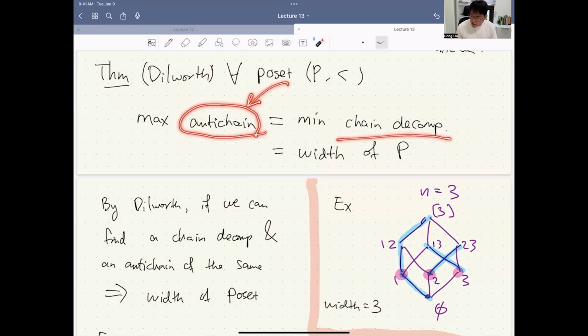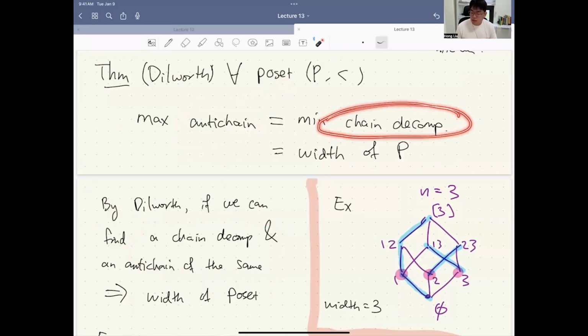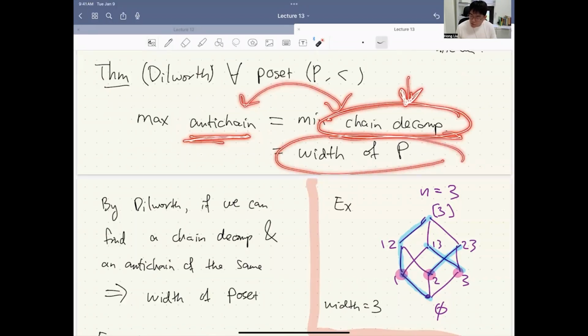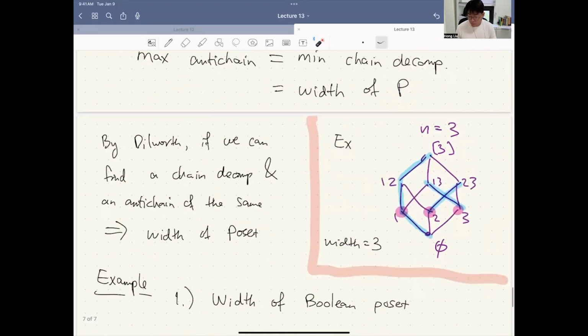So we just need to find a chain decomposition of the same size as the anti-chain. You know that it's the largest size. Sometimes people could ask you, what is the minimum size chain decomposition? And it's hard to find out what's the minimum size. But all you need to do is to find an anti-chain equal in size to the chain decomposition. Then you know that the size of the anti-chain must be the size of the minimum chain decomposition.